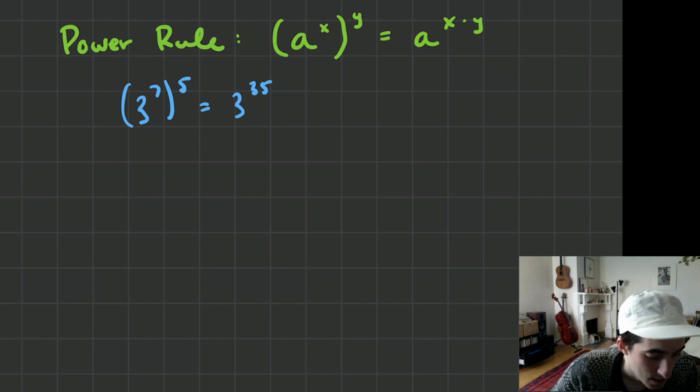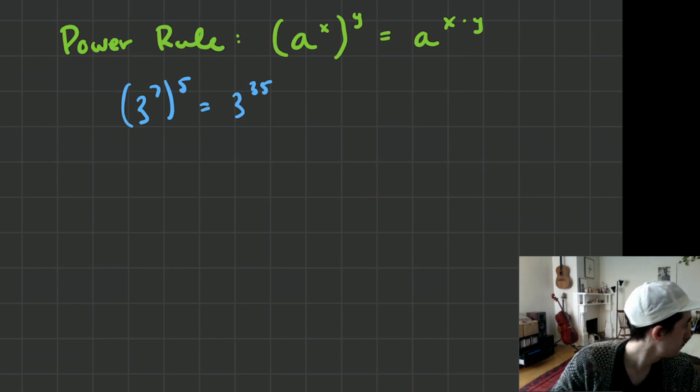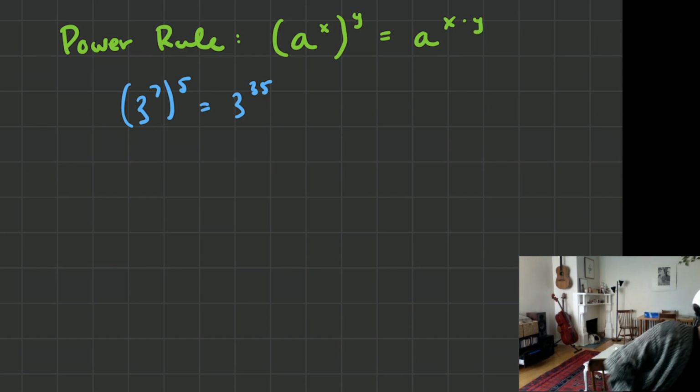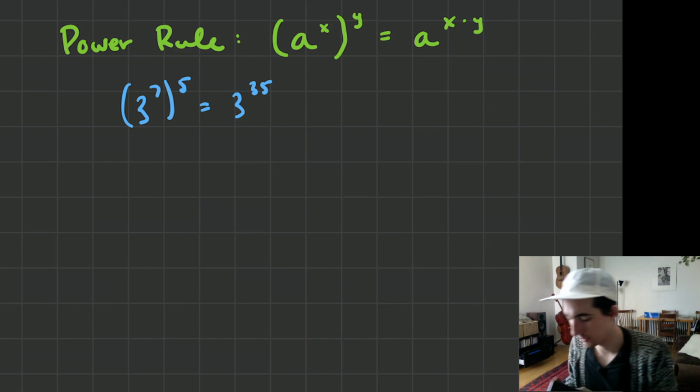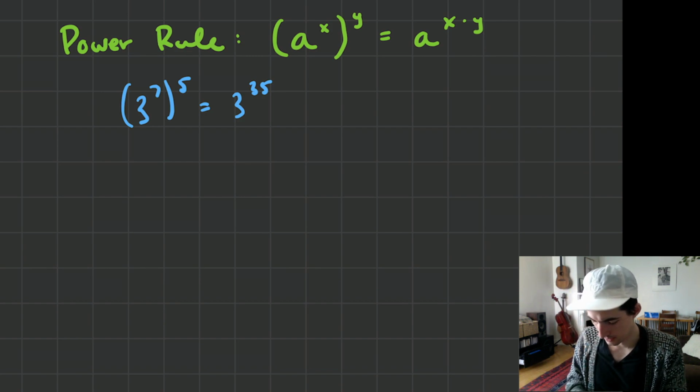Okay, I guess we could figure out how many digits are in that number. I think that if you punch it into a calculator, it'll tell you how many digits it'll be. My guess is the calculator is going to give me an error. 3 to the power of 35. Yeah, it's 16 digits long.